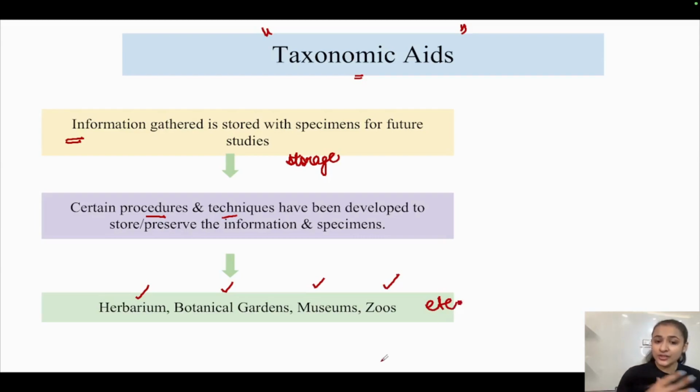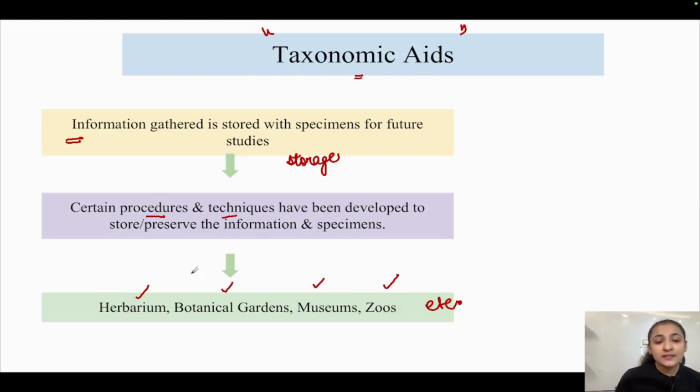We'll study more of the taxonomic aids, but just to give you a general idea, taxonomic aids represent certain places, procedures and techniques that have been developed to store and preserve the information and the specimens. Herbarium, botanical gardens, museums and zoos are the places where the information about the specimens, and the specimens themselves, are collected and stored.